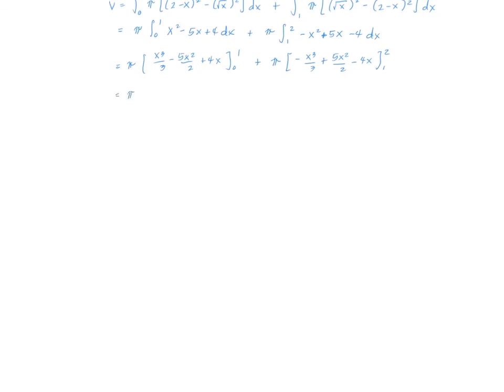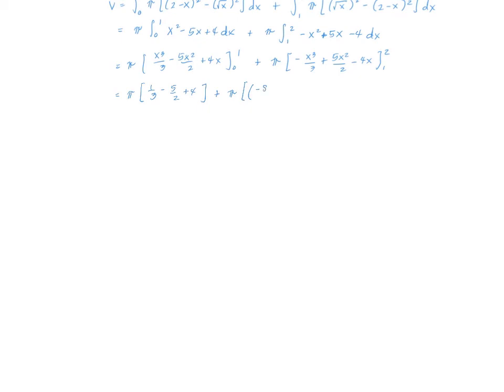Our computations will give us 1/3 minus 5/2 plus 4 in this first integral, and then minus the 0, so I'm not going to bother to write that. But for the second integral, I don't have 0 as one of my limits of integration, so it'll be a little bit longer.